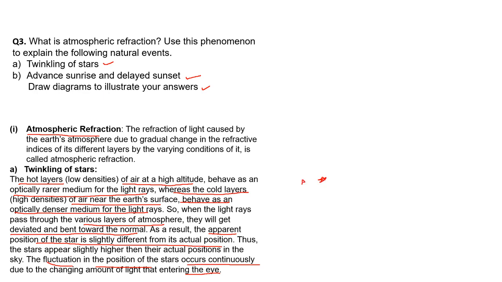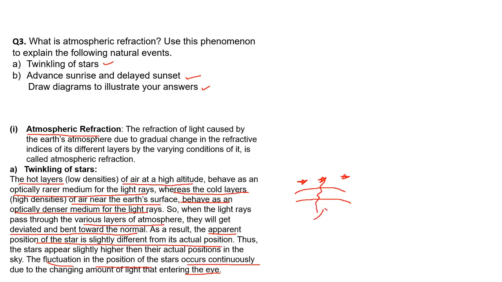Sometimes the star appears over here, sometimes it appears like this, due to the atmospheric refraction, right? And the light which is supposed to come straight from the star doesn't come straight, but comes in a zigzag manner, right?